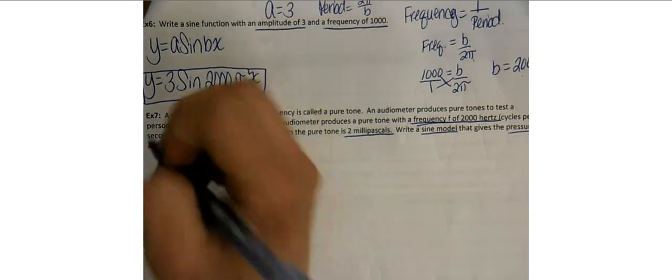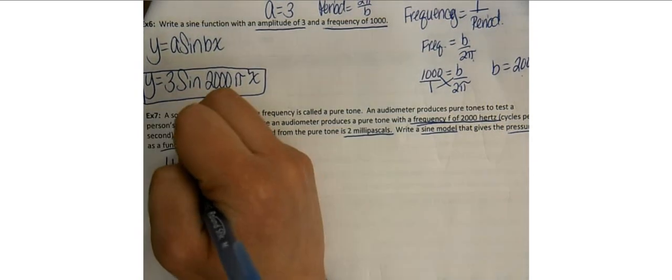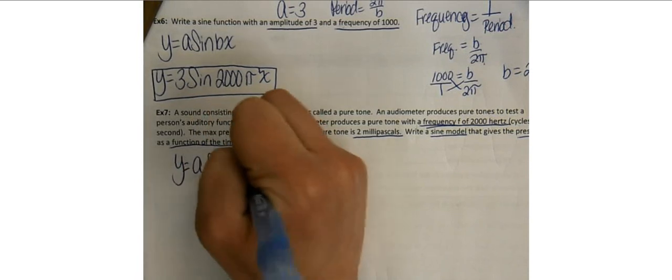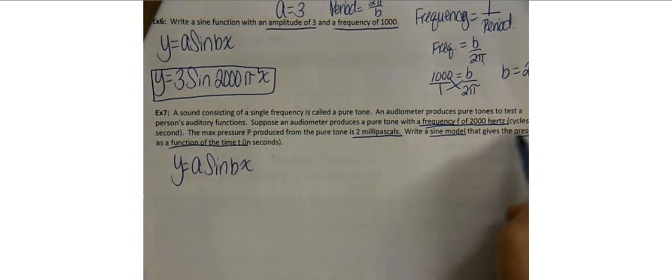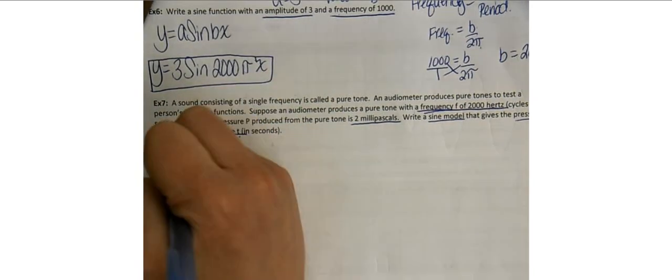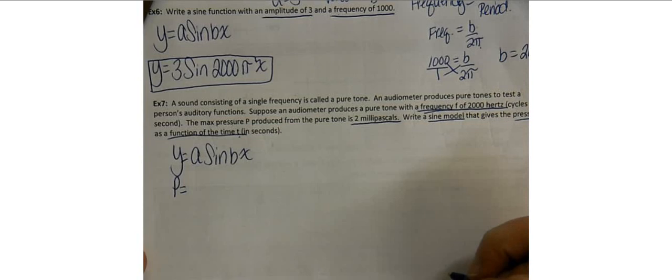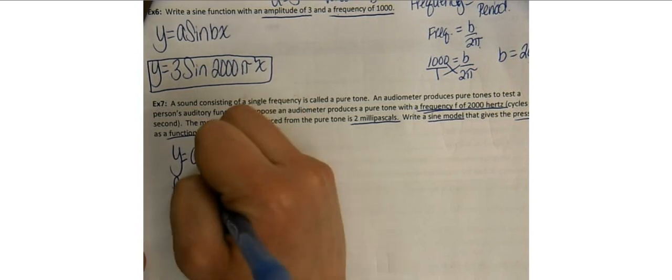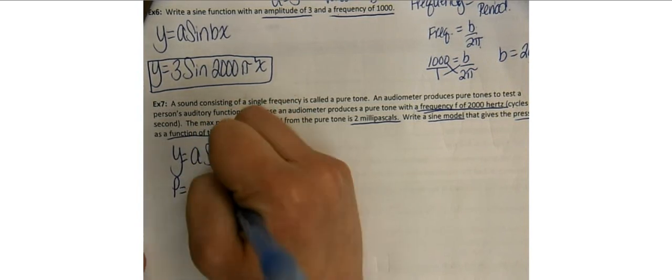So we know what our normal function should be. Y is equal to a times the sine of b times x. And so we want to give pressure as a function of time. So that means that p is going to be our y value. We're still going to have a times the sine of bx, but instead of bx, it's going to be b times t.